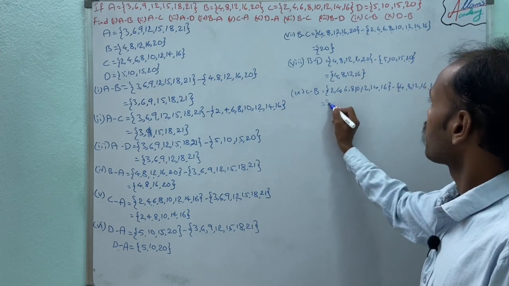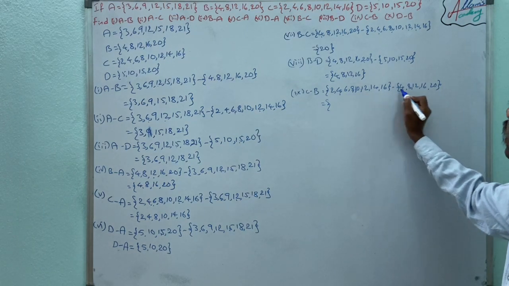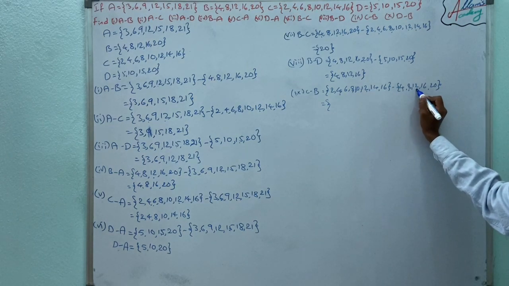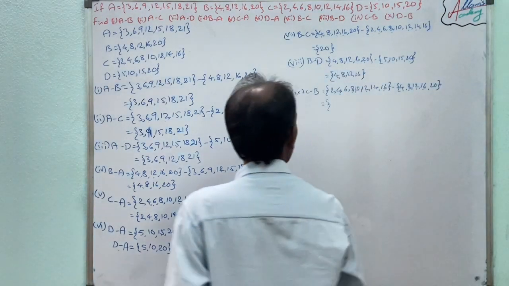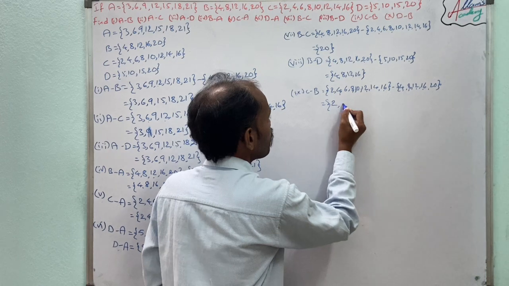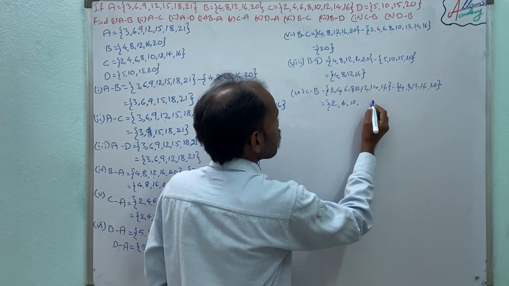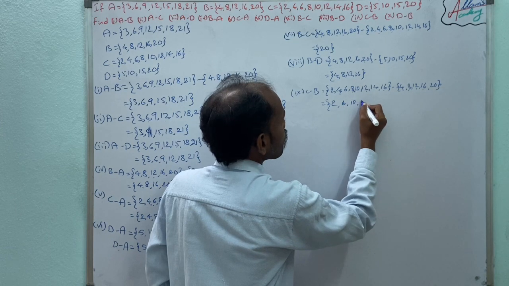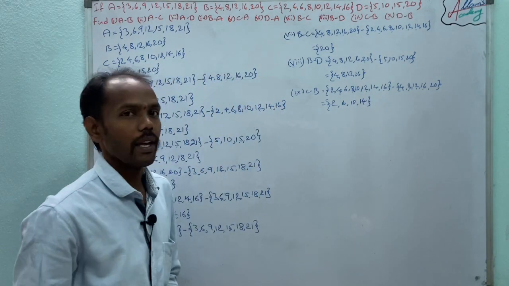Now the common elements in both sets are 4, 8, 12, 16. In the first set the remaining elements are 2, 6, 10, 14. These are the remaining elements.